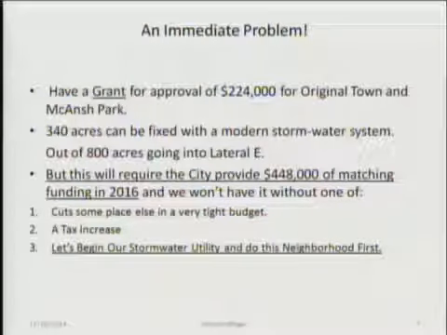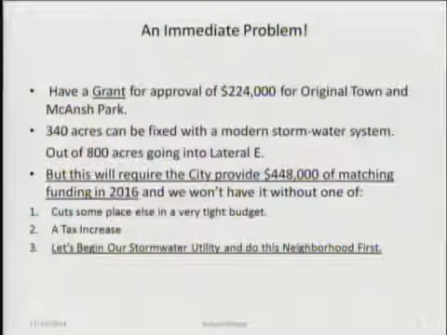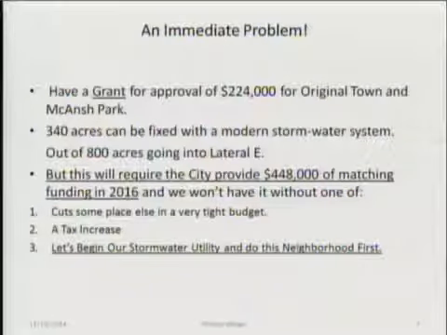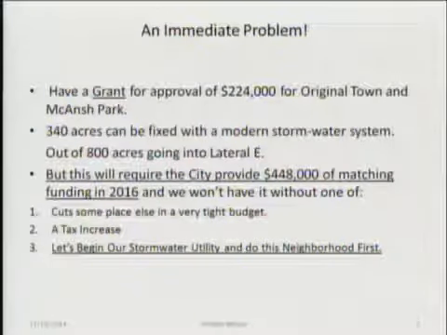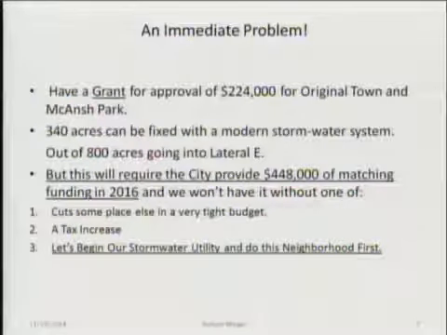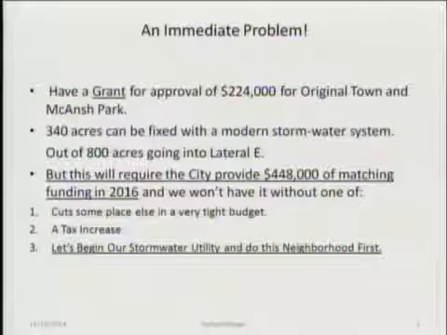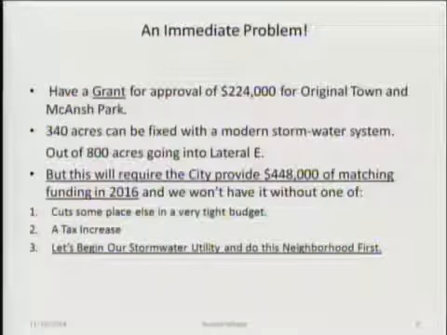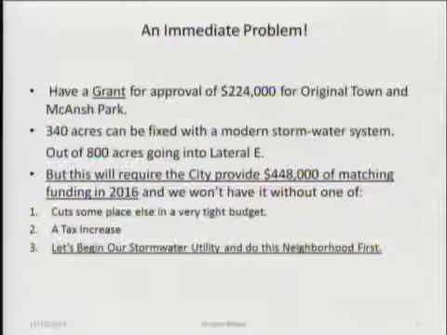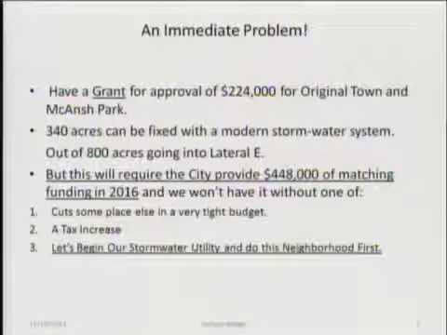In this particular case, it would handle 340 acres, and we would be able to have a modern stormwater system out of 800 acres going into the lateral E canal. That's the one that goes into the main relief canal. But the city will require the city providing matching funds of $448,000 in 2016.